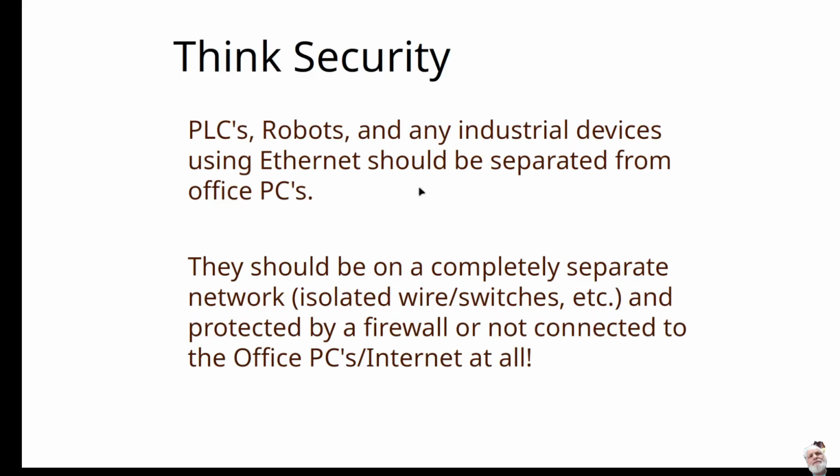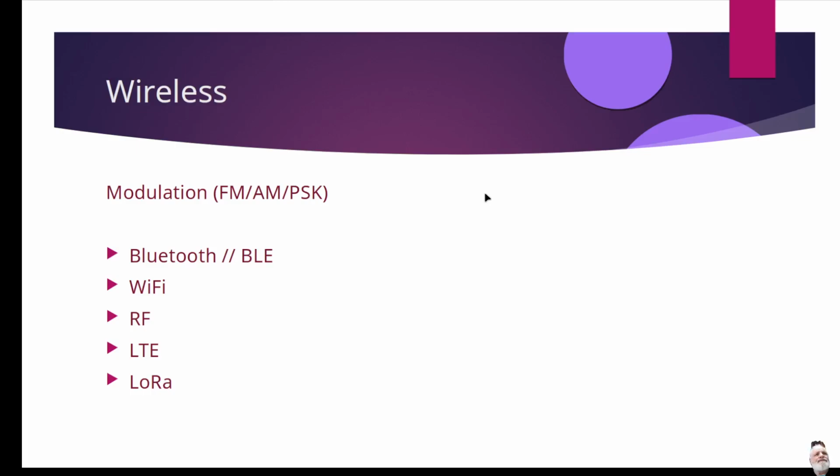These need to be on their own private network with proper firewalls behind them to protect them from possible hacks or worms or whatever type of malicious software and packets are on the network. So you want to keep these industrial devices on their own industrial network, isolated and properly secure.